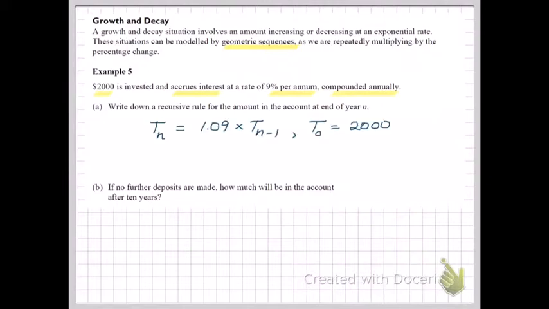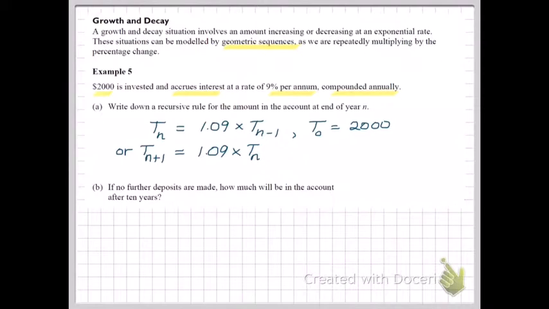Here it is. So once again, the effective percentage increase is 109%, or 1.09, and we're multiplying that by the previous term. So Tn equals 1.09 times Tn minus 1, where T0 equals 2,000.